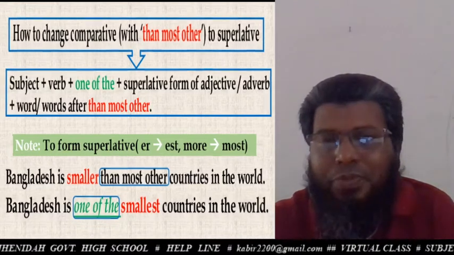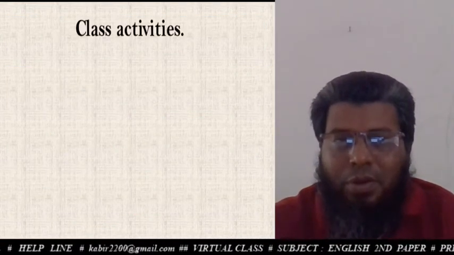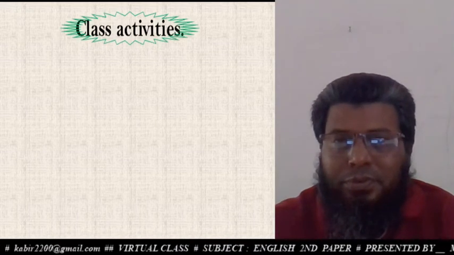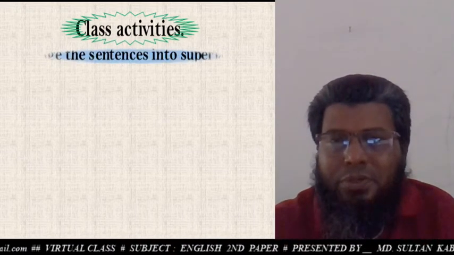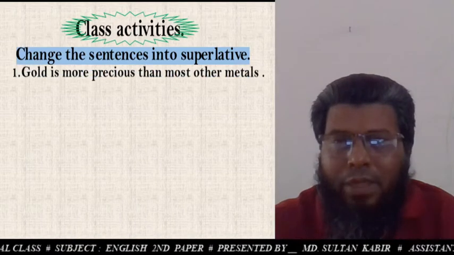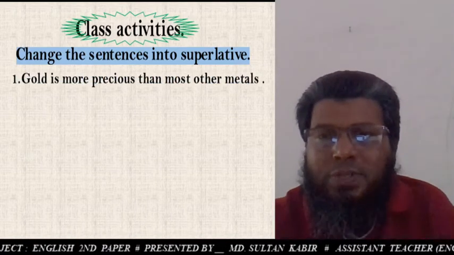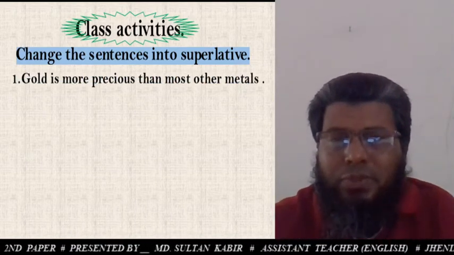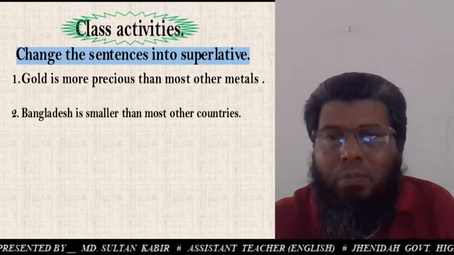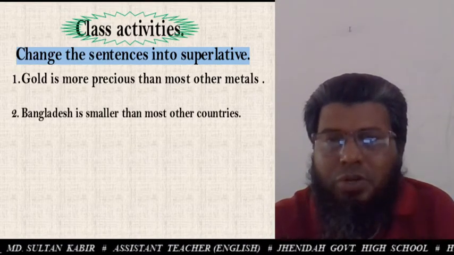Fine. Now dear learners, there is another class activity for you. Look, the first one, gold is more precious than most other metals. Second one, Bangladesh is smaller than most other countries.